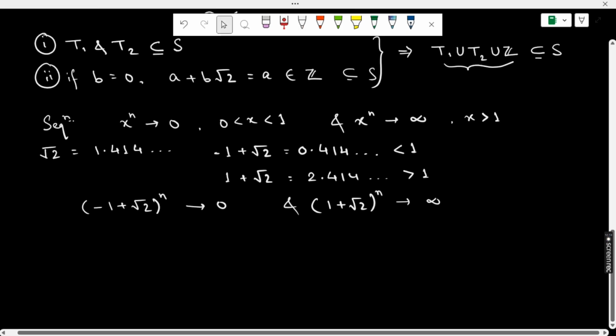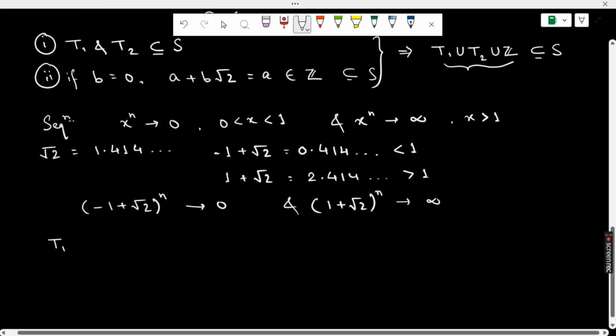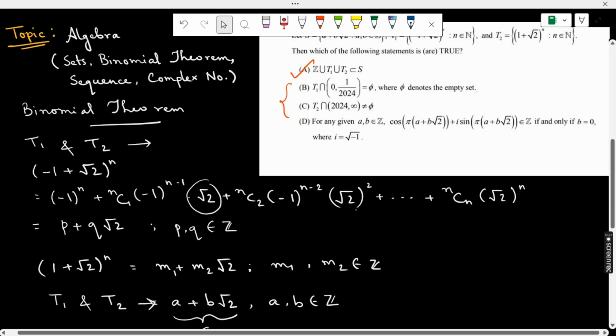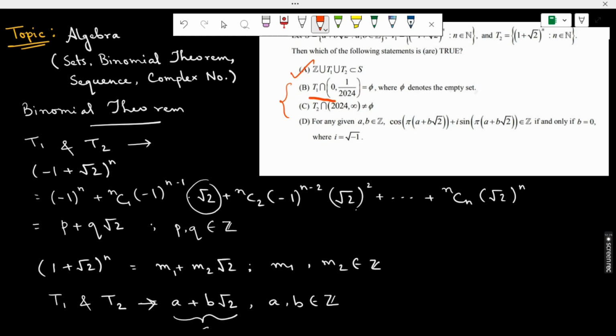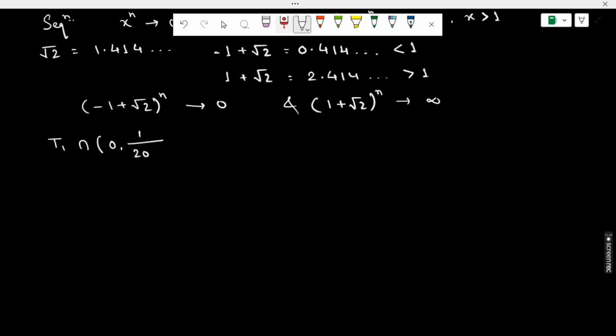So if I say T1 intersection the interval for option B, T1 intersection (0, 1/2024) is obviously not equal to empty, because the elements of T1 tend to 0.